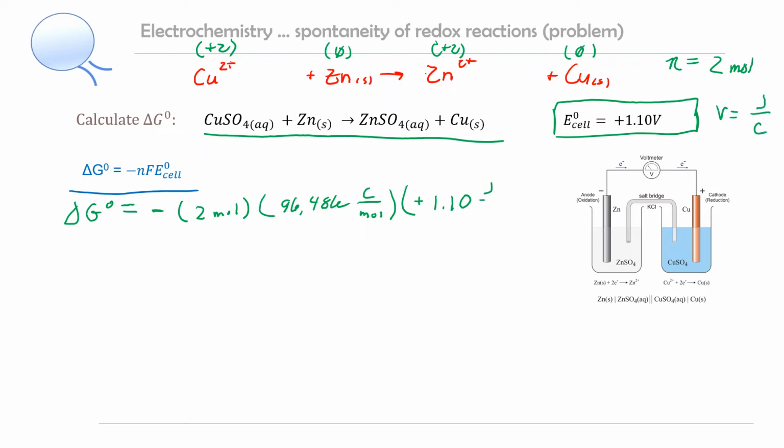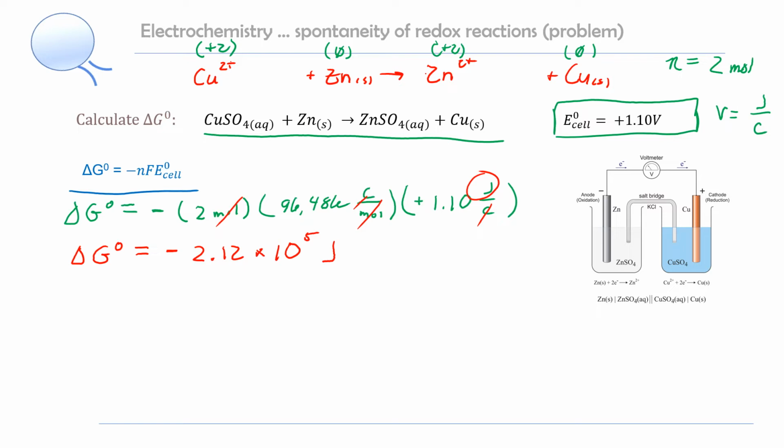So with unit analysis, my moles are canceling, coulombs are canceling, and I am left with joules, which is a unit of energy. Carrying out the math, this is going to give us a negative 2.12 times 10 to the 5th joules.